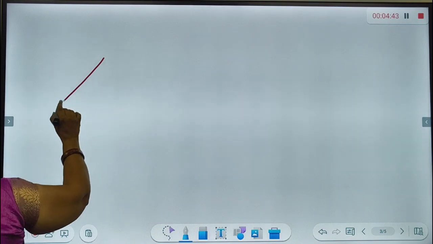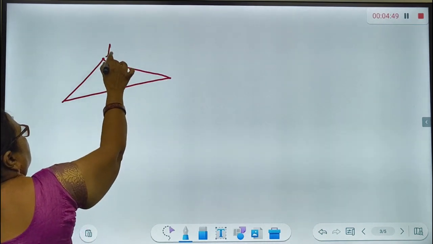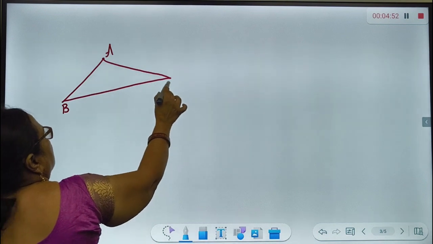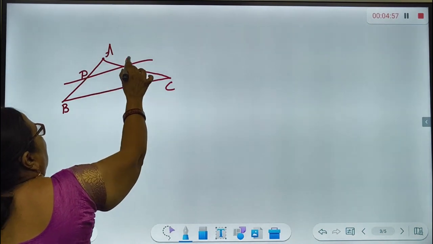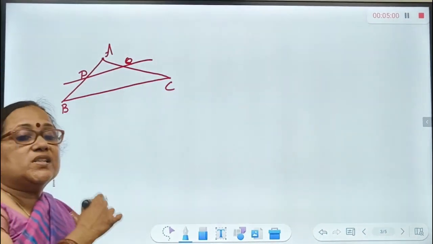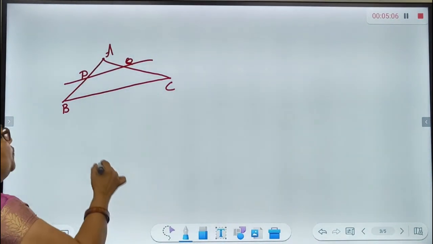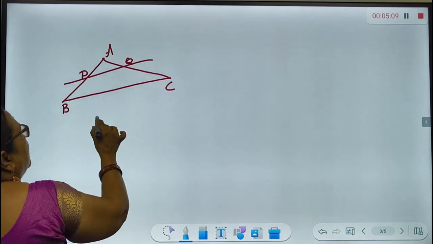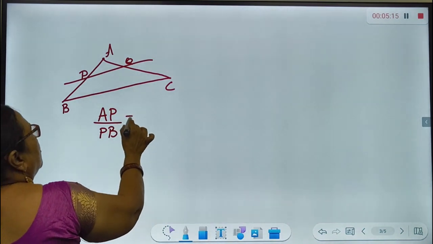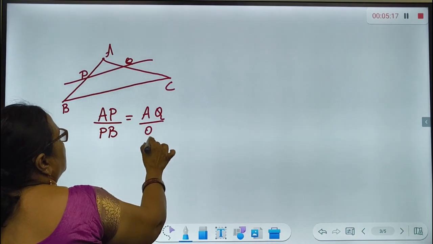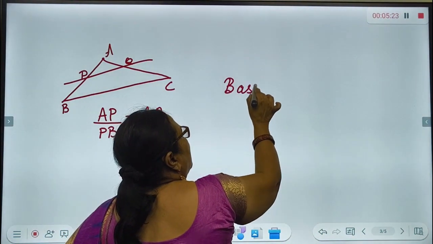Now consider a triangle ABC. If a line is drawn parallel to one of the sides to intersect the other two sides at distinct points, say P and Q, then we are going to prove these two sides are of the same ratio, that is AP by PB equal to AQ by QC.